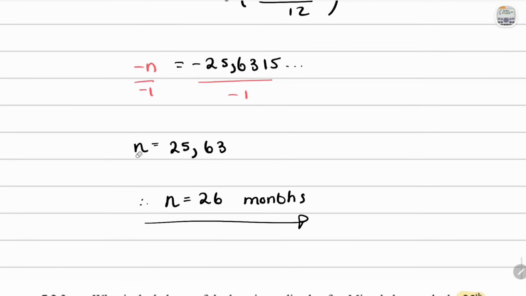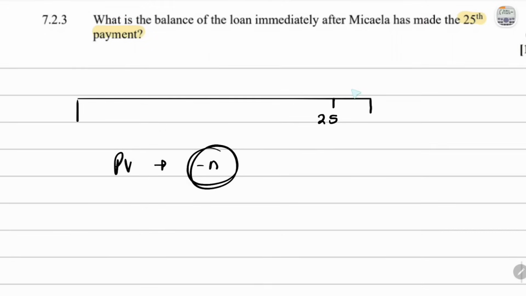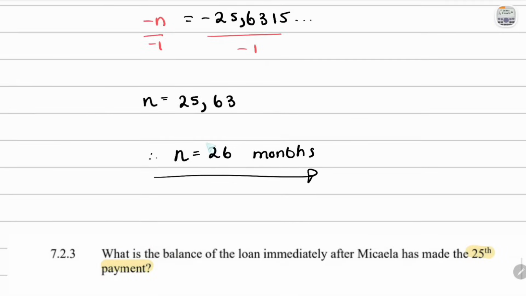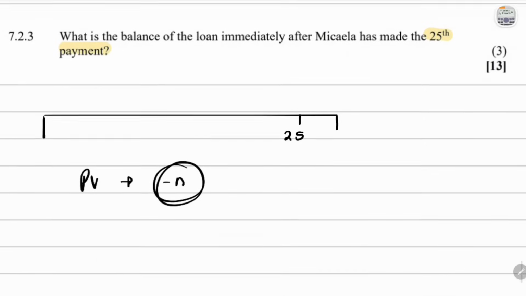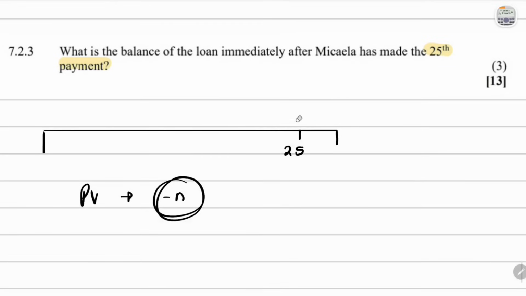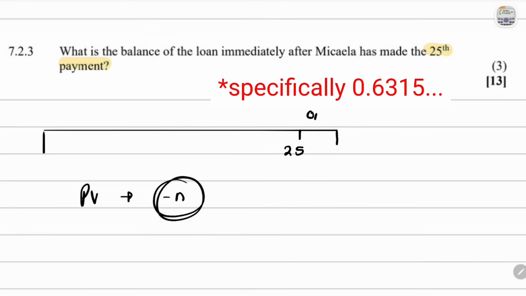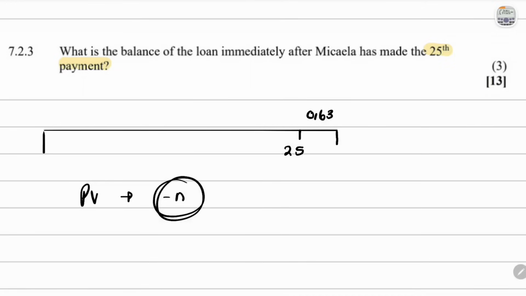We saw that here when we found the value of n, when trying to find out how long it's going to take her to complete this loan, we got 25.63. Now, it's that 0.63 that we're referring to there. At the 25th payment, she would still have 0.63 payments more to go. Technically, 0.63 months to go.